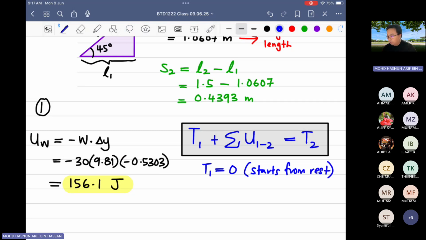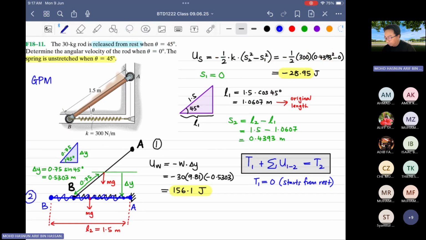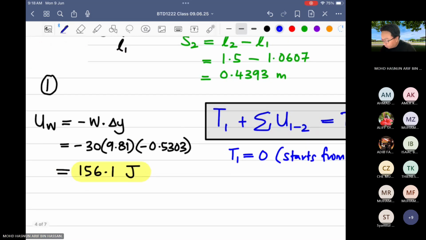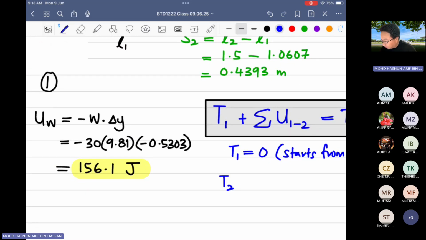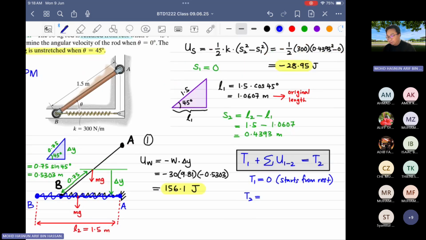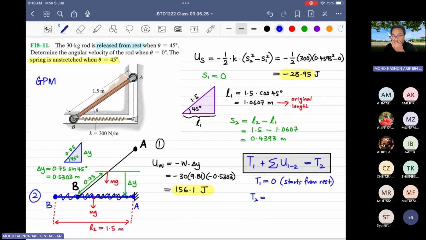Okay. Now we need to find T2. Okay. So T2, this is a general plane motion. Earlier we already identified that this is a general plane motion. So we can use the long equation, which is 1 over 2 mv square plus 1 over 2 Ig omega square.